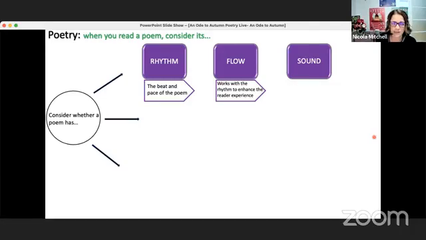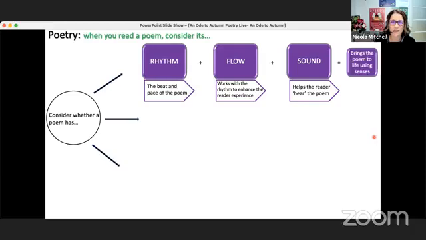What kind of things can you hear, or what does the poem make you think you can hear? So it helps the reader hear the poem. And when you add all these things together, all of these things bring the poem to life using your senses. So that's the very, very top level of it. Now, think of those as the purple elements of the poem. That's probably going to be really, really helpful for you as well.